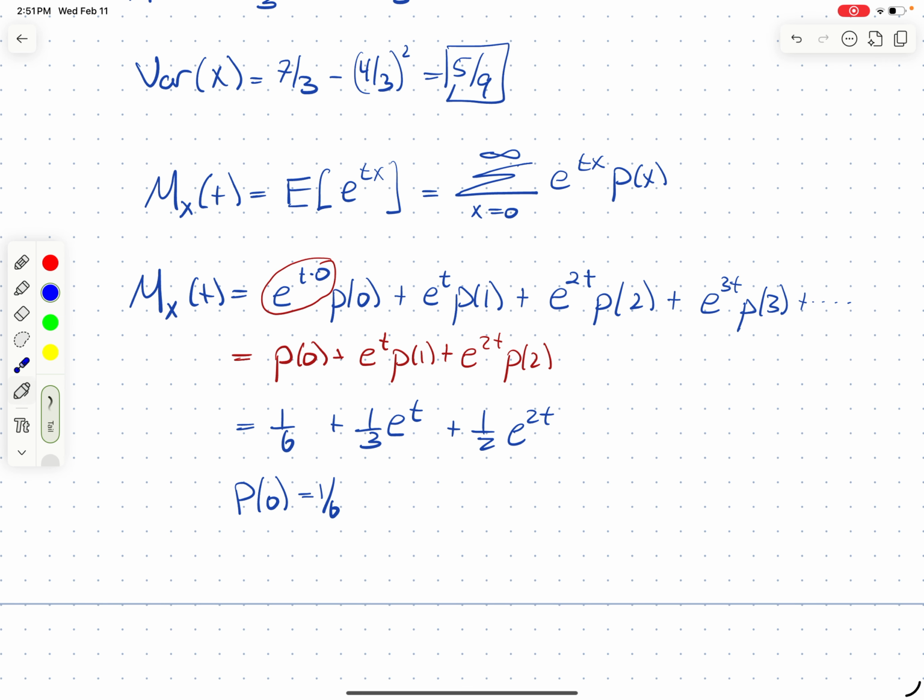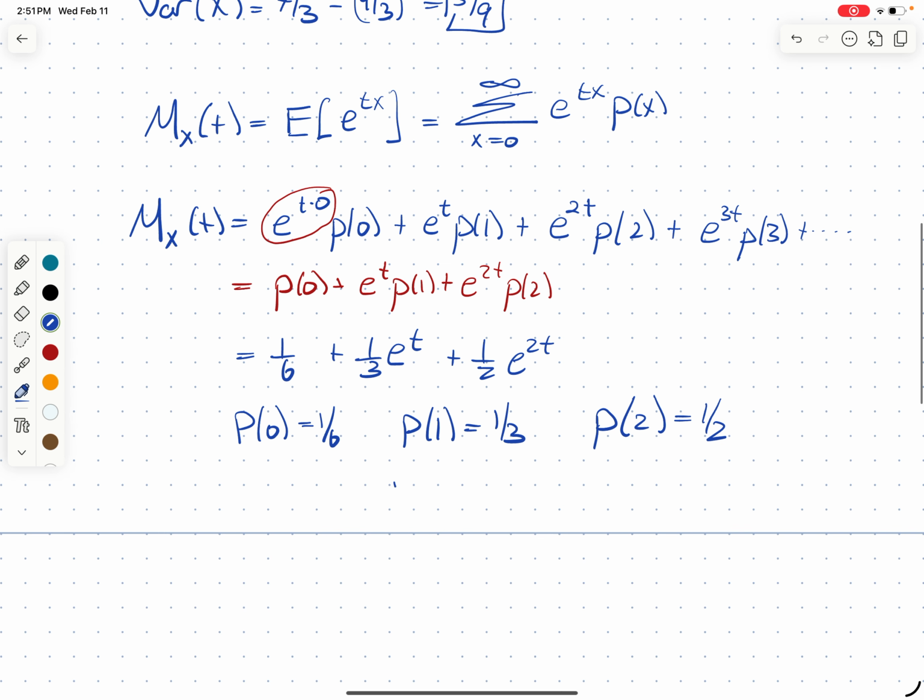I can tell you the probability that x is 1, and that's going to be 1/3, because that's the constant times e to the t. And I can tell you the probability that x is 2, and that's going to be a half.